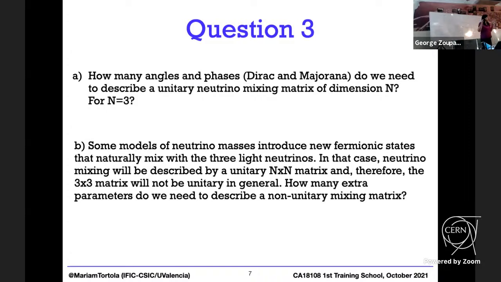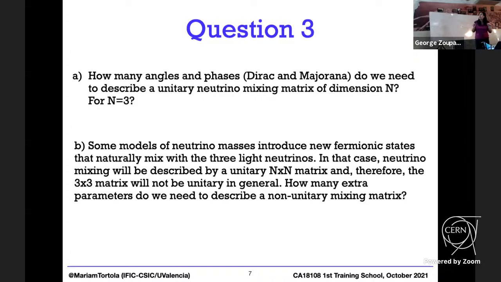So we have a dimension n matrix, with all the mixing between the light and the heavy sector. But our experiments are only sensitive to the lighter part of the matrix, to the mixings between the light neutrino eigenstates. So the full matrix of dimension n is unitary, and as a result, the 3×3 matrix in general will not be unitary because it's a part of a unitary matrix.